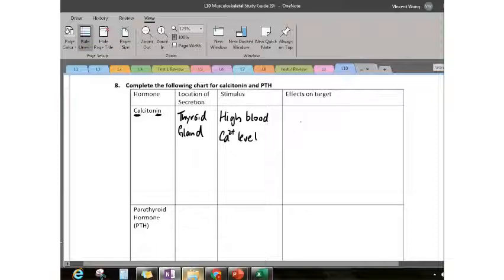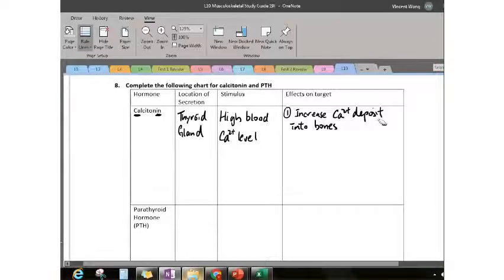So there are two things that calcitonin will do to bring the calcium level back down. Number one, calcitonin will increase calcium deposit into bones. So you have a lot of calcium in the blood.